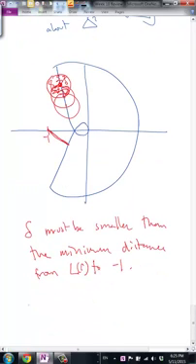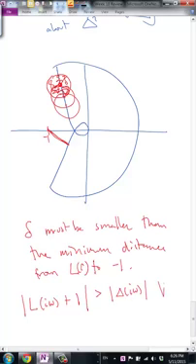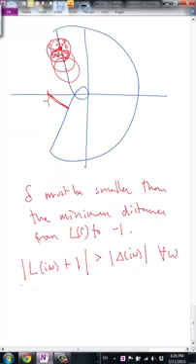Another way to write this is that the distance between L of i omega and minus 1, so L of i omega plus 1, has to be bigger than delta of i omega for every omega. And this condition guarantees stability.